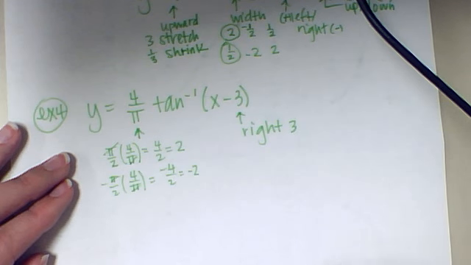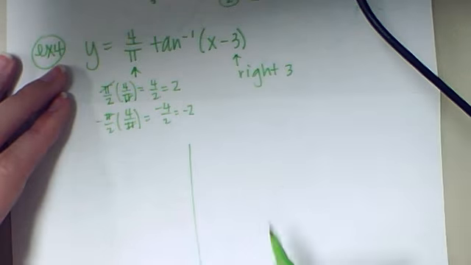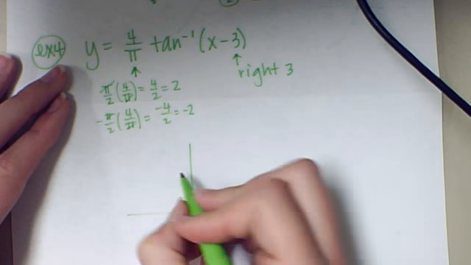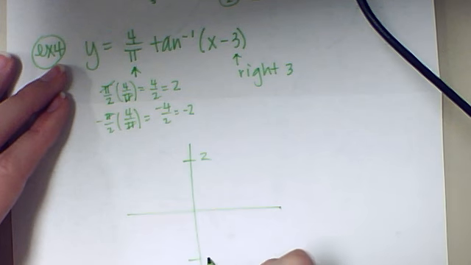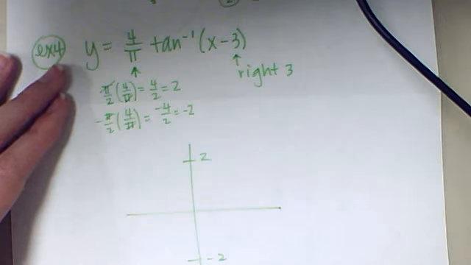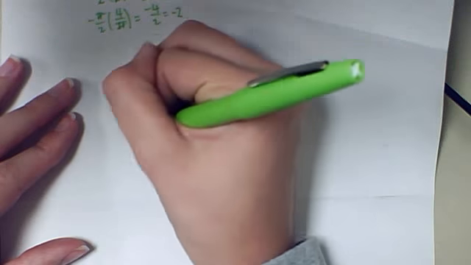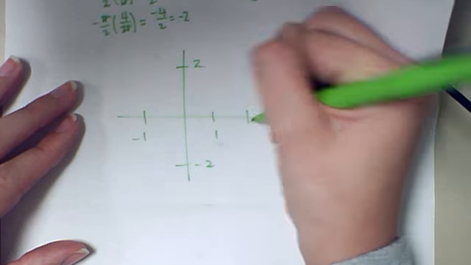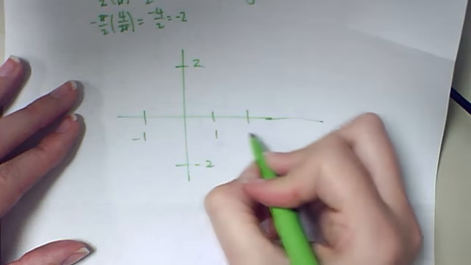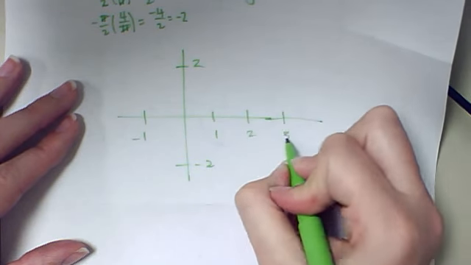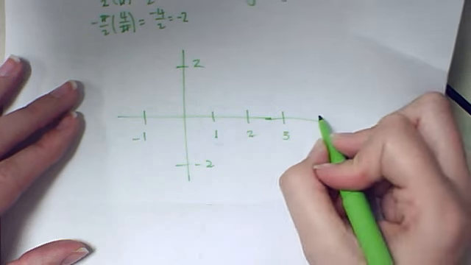And I've moved to the right 3. So when I draw this, I'm going to draw my x and y axis. Again, my high is 2, my low is negative 2 because of this piece of the transformation. Before, I would have done negative 1 and 1, so I do that, negative 1, 1. And I've got to move right 3, so I'm doing 1, 2, 3, I move over 3, 1, 2, 3.